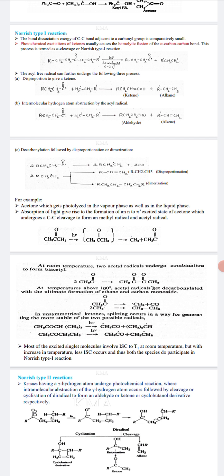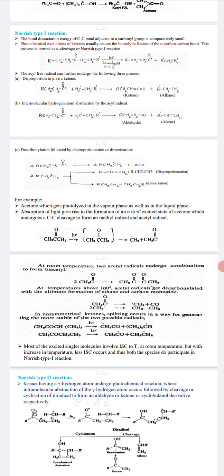Here you can see there are only two types. One is abstraction of hydrogen atom by acyl free radical, or disproportionation to give ketene. Both are the same. So disproportionation reaction to give ketene you can also term as abstraction of hydrogen atom, that is abstraction of hydrogen atom from acyl free radical to alkyl free radical. The hydrogen atom which is present in the acyl group is donated to the alkyl group and it forms a ketene and alkane.